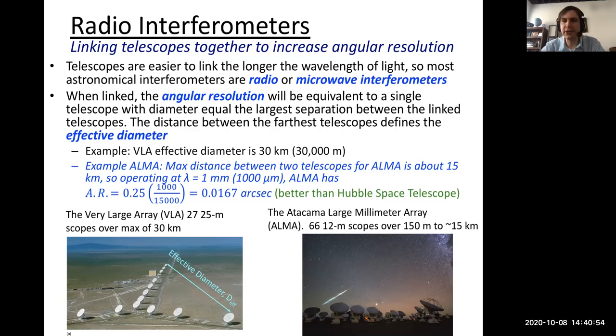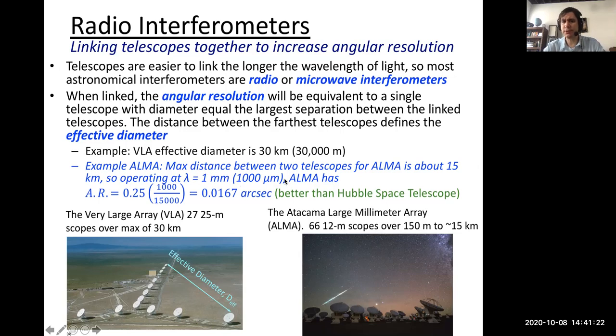And now let's calculate the angular resolution that all of these telescopes working together as an interferometer, a super telescope, can get. It primarily operates at 1 millimeter wavelengths. That's 1,000 micrometers.